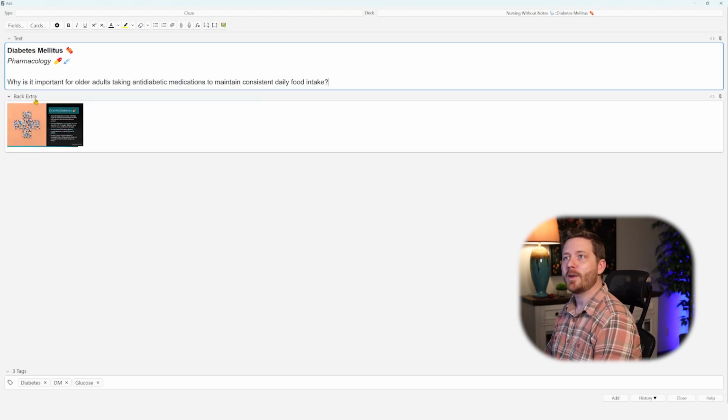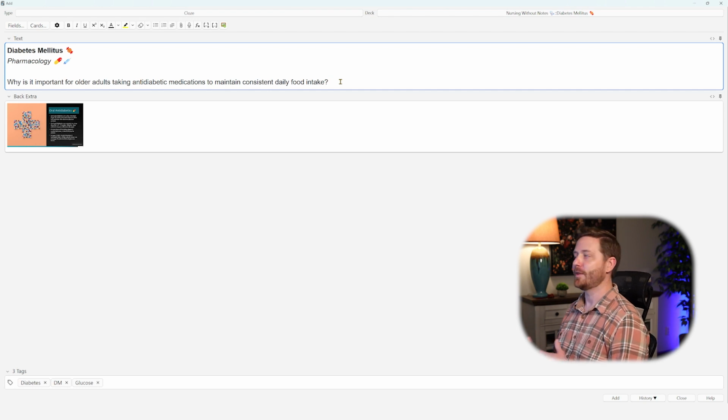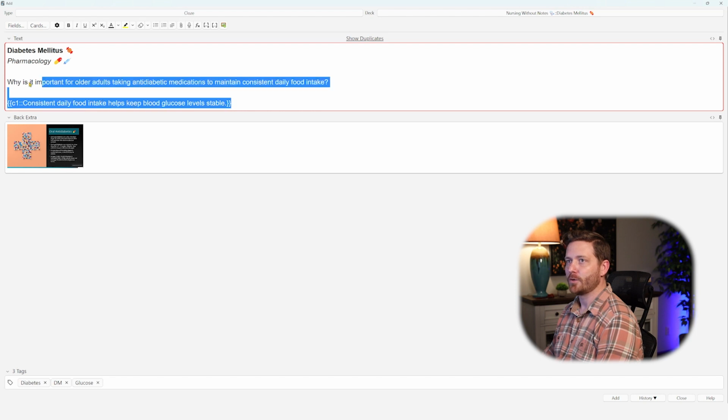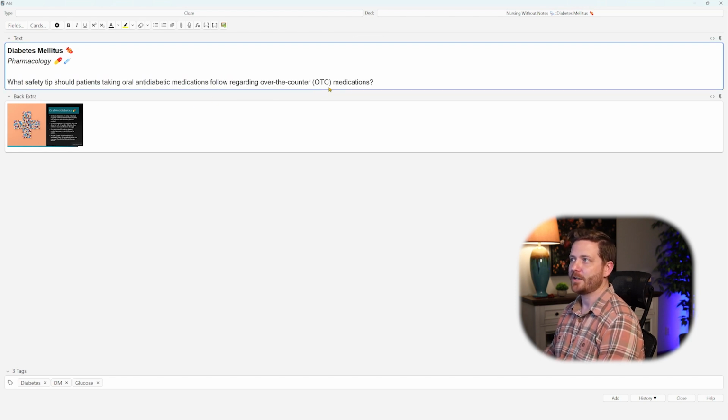So when you're educating your patients about maintaining this daily food intake, at the same time, let them know by doing this it's going to keep those blood glucose levels stable throughout the day. We can say consistent daily food intake helps keep blood glucose levels stable. And we'll add that in. Now this is always just a general rule about the over-the-counter medications.